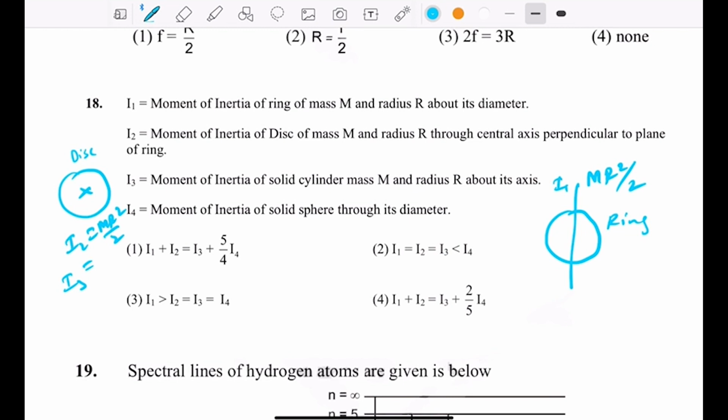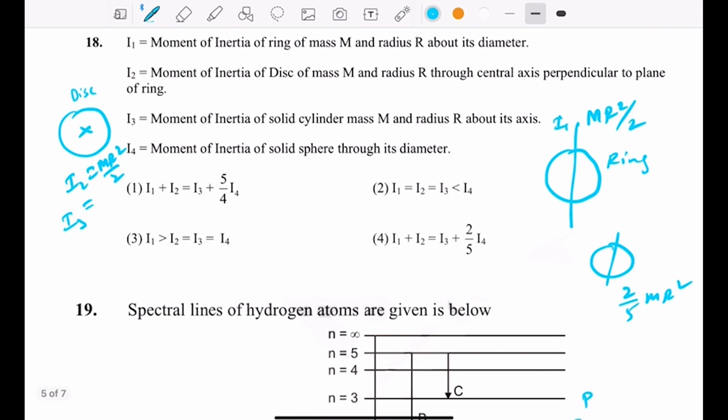Moment of inertia of solid sphere through its diameter. Solid sphere will be 2 by 5 mr square. So here I can say I1, I2, I3 are equal, and they are greater than I4. Three of them are greater.